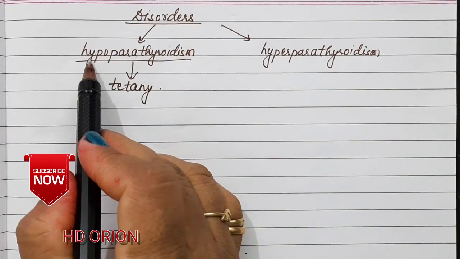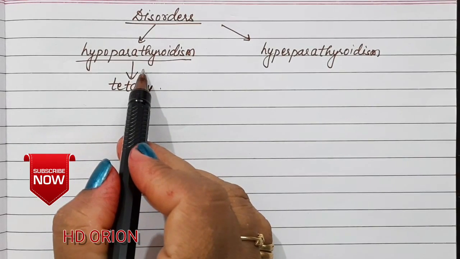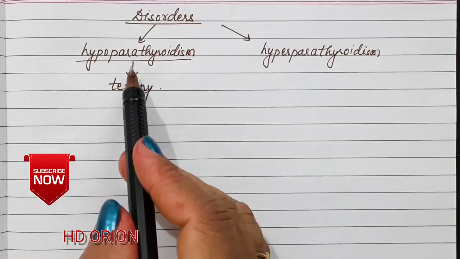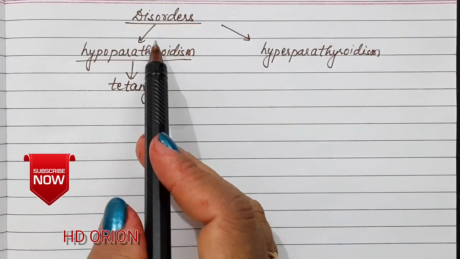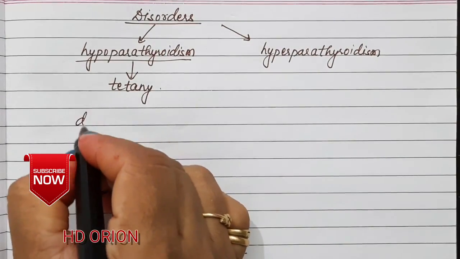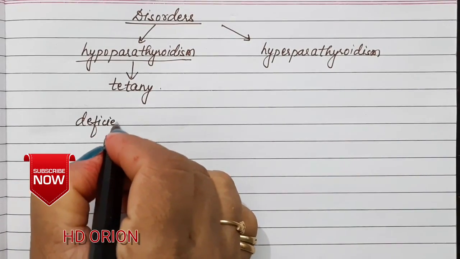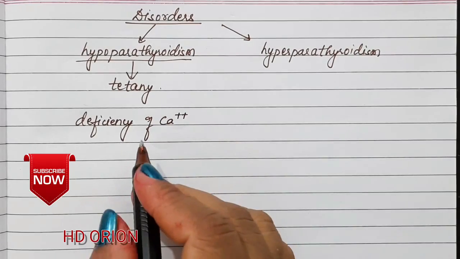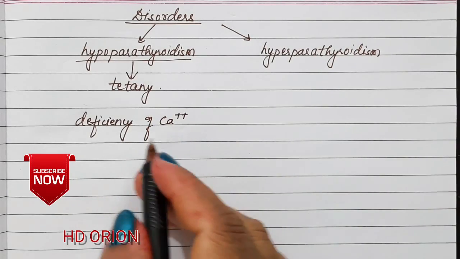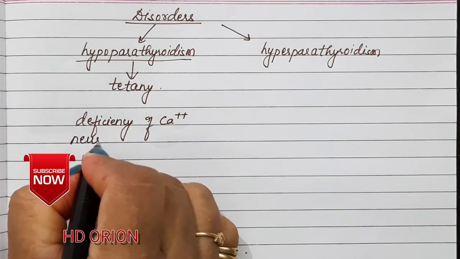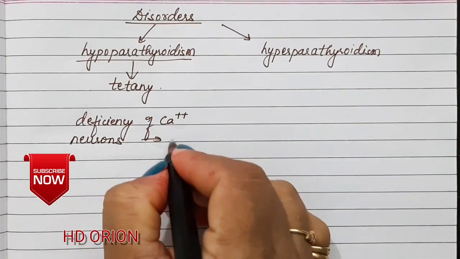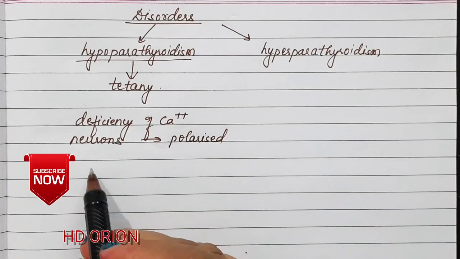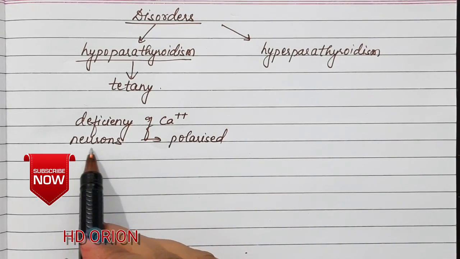This means when there is hypocalcemic activity, or when there is less secretion of the parathyroid hormone, at that time there is deficiency of calcium ions. When the calcium ions become less, the automatic polarization of neurons takes place. In my previous videos, I have also dealt with the polarization and depolarization of neurons.